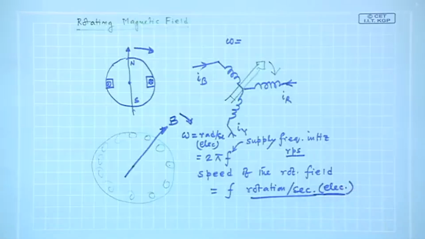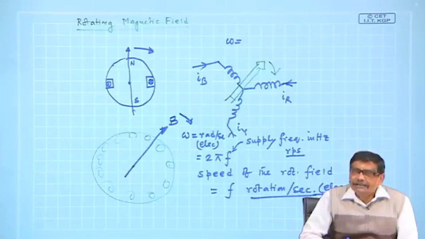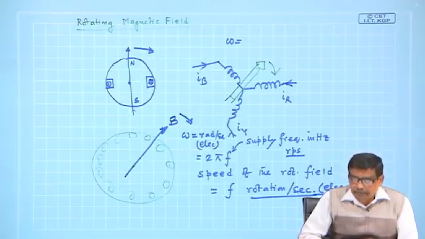Therefore, you take a 4-pole induction motor, 6-pole induction motor, 2-pole induction motor. If you say that the speed of the rotating field is 50 RPS electrical, that is the same for all. Okay. Electrical speed is the same for all.